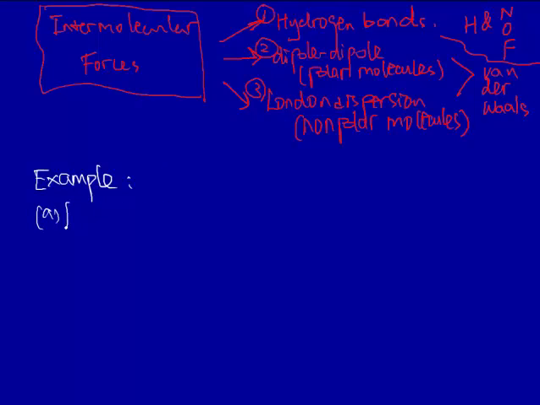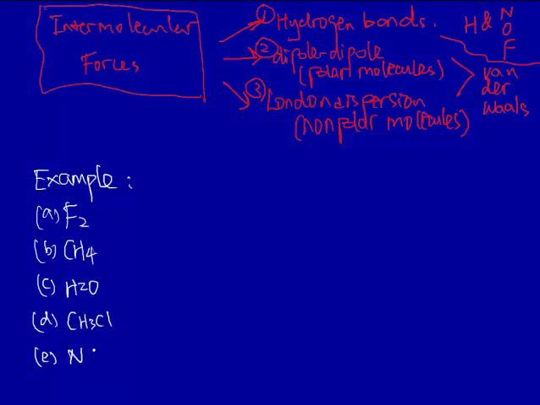The first one, fluorine gas, F2, and methane gas, CH4, and water, H2O, and CH3Cl. The last one will be NH3. Okay, so those are the examples.